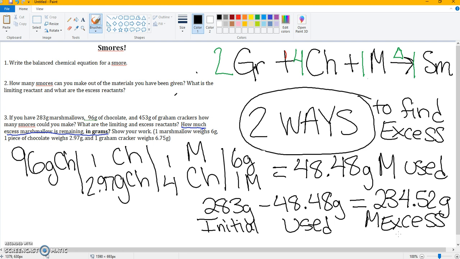Now if you notice, both ways produce different values for the excess. And you may think, well, how is that possible? But if you remember, when we did our s'mores, I rounded my s'mores to 8 s'mores total, and then I did all my calculations. But with this one, I had a perfect 96 grams of chocolate, and so it used all of the chocolate.